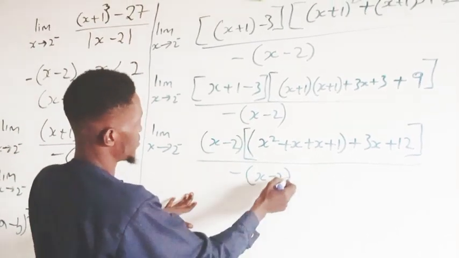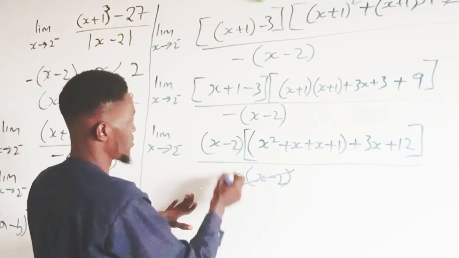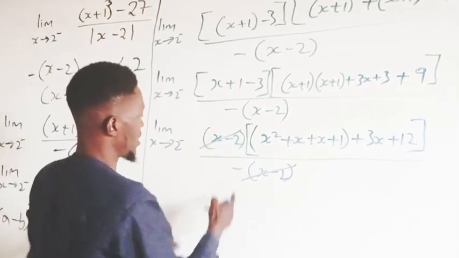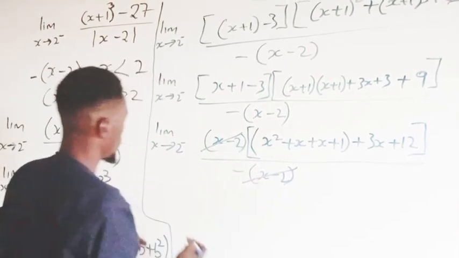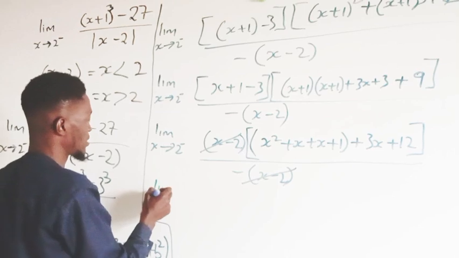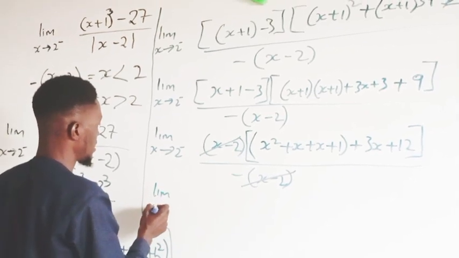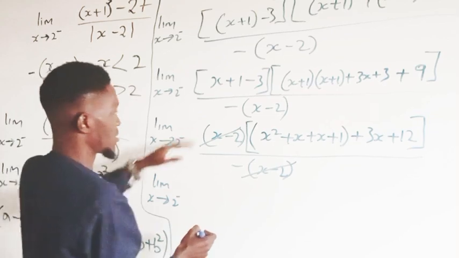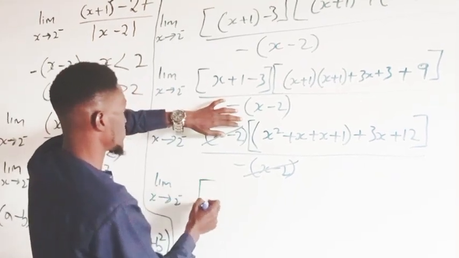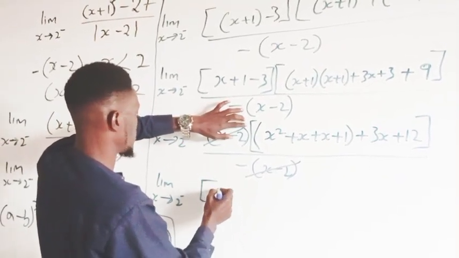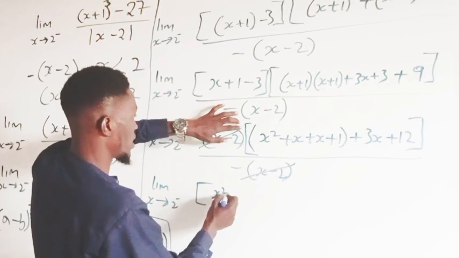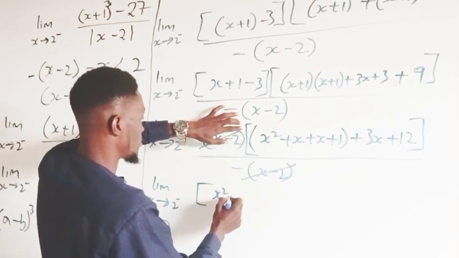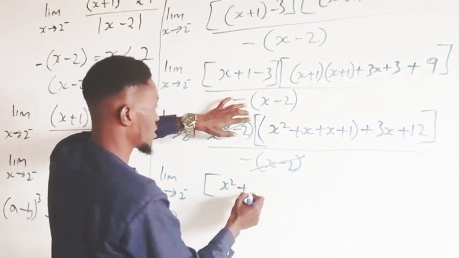Definitely x minus 2 and x minus 2, this cancels this. So we are left with minus 1. Okay, so let's write it again. The same, write it as limit as x approaches minus 2. Here becomes our x square. x plus x is 2x.